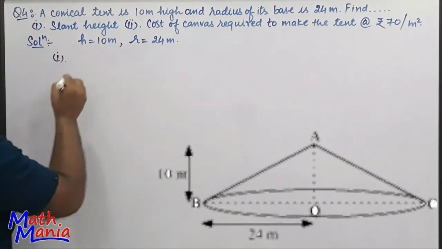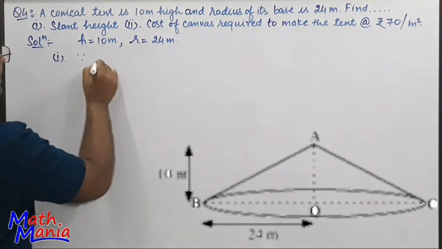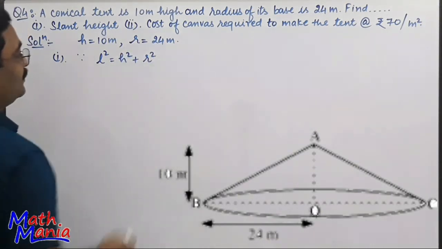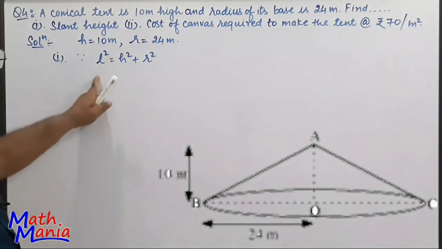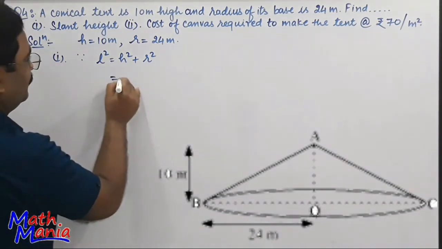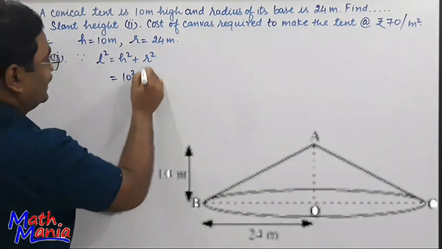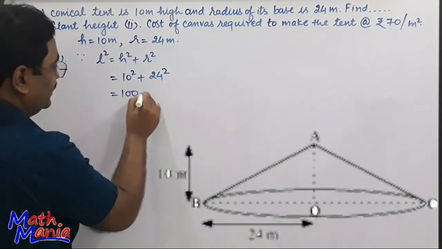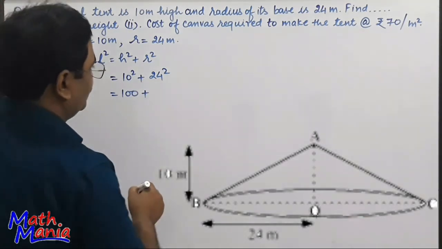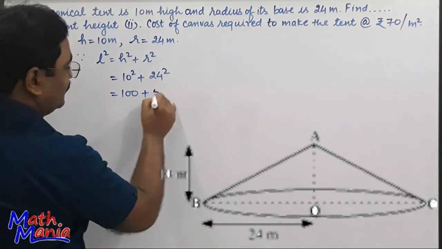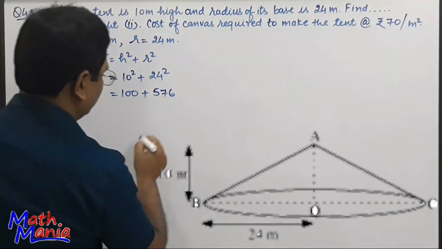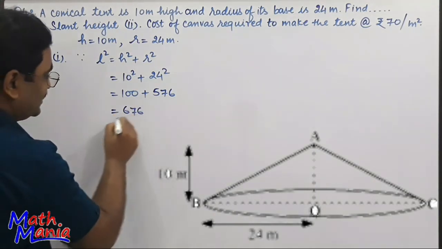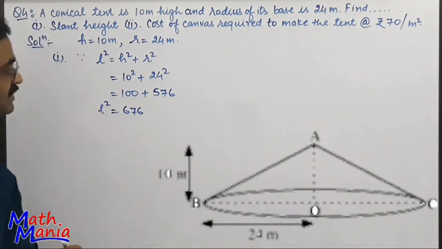Part number 1. Since we know that L square is equals to h square plus r square, the formula to find out the value of slant height. So the value of h is 10 square and radius is 24 square. So 10 tens are 100 plus 24 into 24 is 576. So let's multiply it. That is 676 is the value of L square.